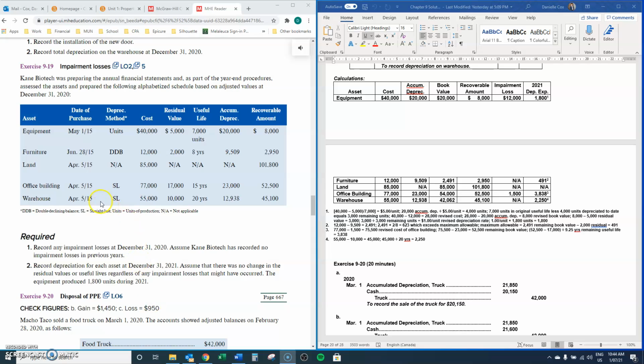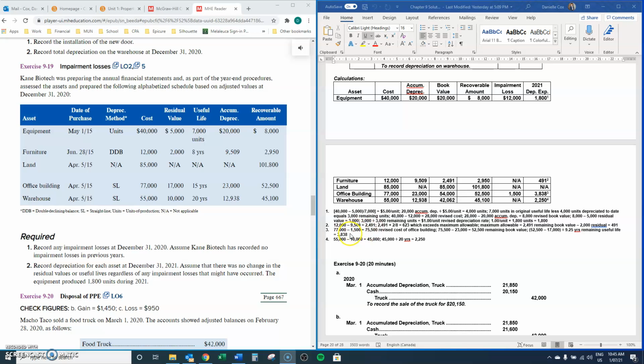Because it was April 5th, we would have taken a full month for April. So 9 months in the first year, and then the remaining from that would have been in 2015. So 2016 through 2020 would have been taken. So that leaves 9.25 years remaining. So we take this amount and divide it by 9.25 years, and we get 3838.